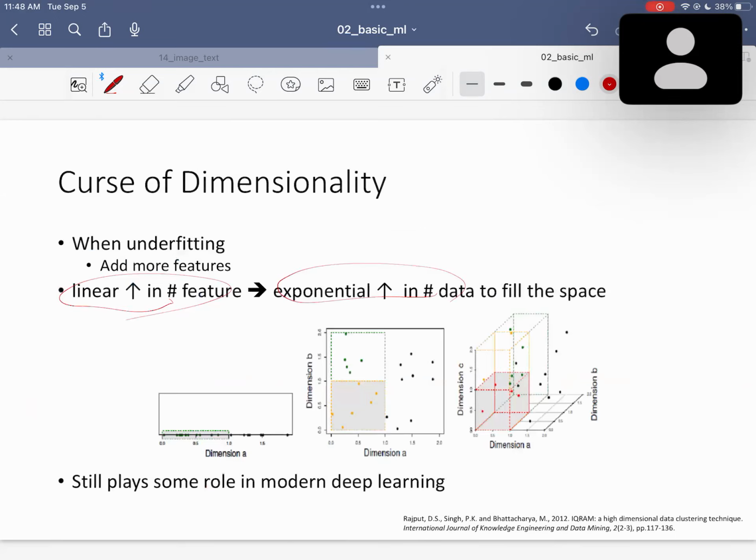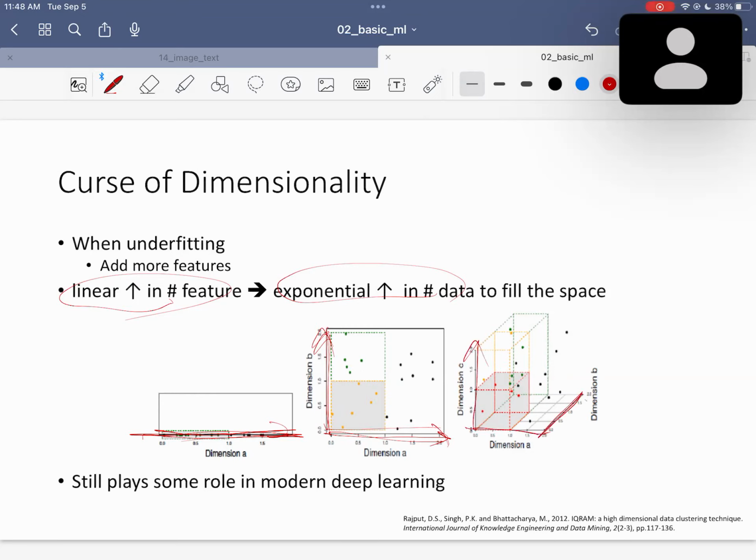If you go from one feature to two features, then this was a line, but now you have a plane, right? You need to fill that plane to properly learn your function, properly train your coefficients, right? If you add one more feature, then it becomes a space.